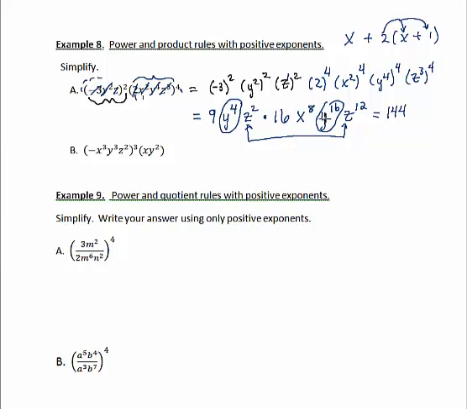A y to the 4th times a y to the 16th. So we have two y's multiplied. That means we need to apply the product rule, multiplication, and add the 4 and the 16 to get a y to the 20th. And likewise, it's a z times another z. So we add the 2 and the 12, and we get 14. And then all we have left over is an x to the 8th power. And so here is our final result.